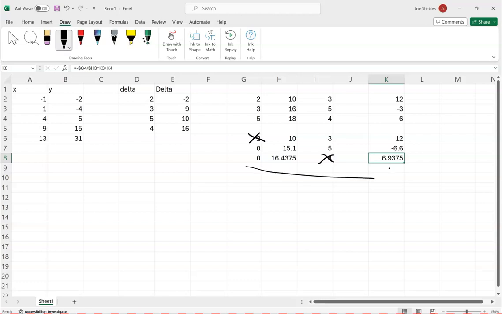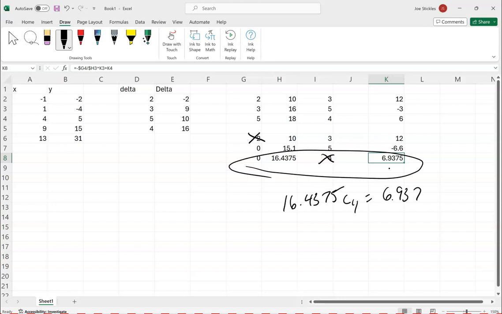This last row right here says that 16.4375 C4 equals 6.9375. Right? That's what that says. Okay. So I just need to divide to get that one, right? What does the second row say?